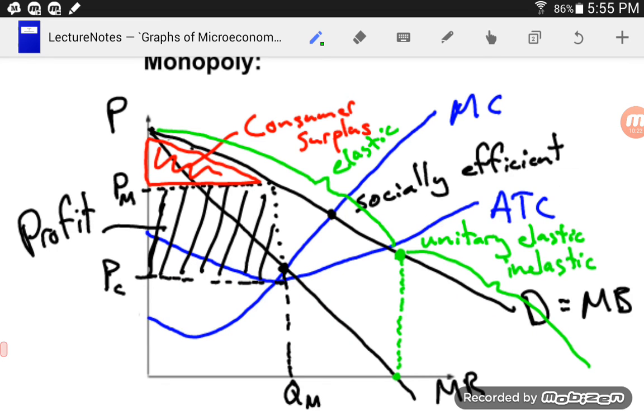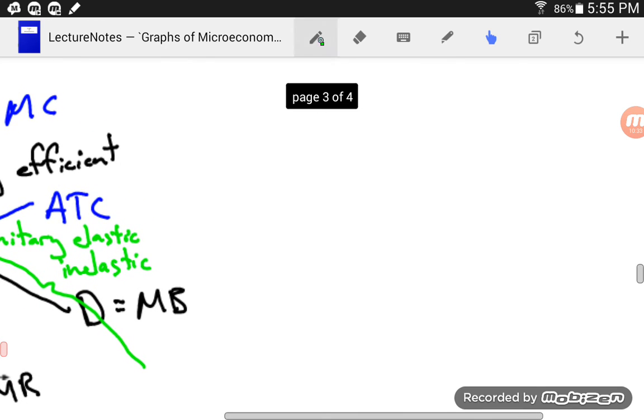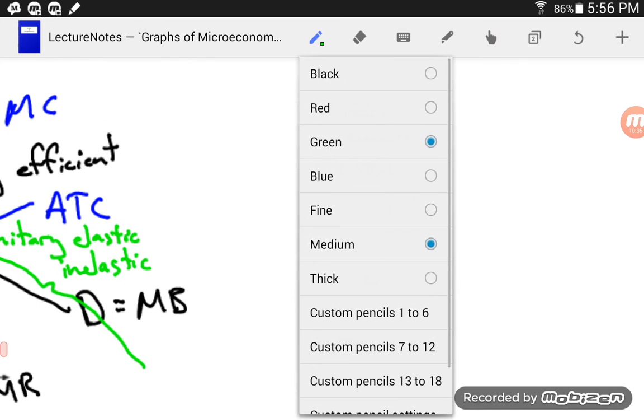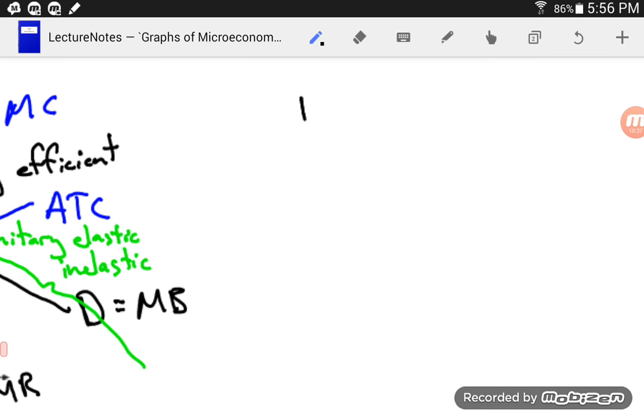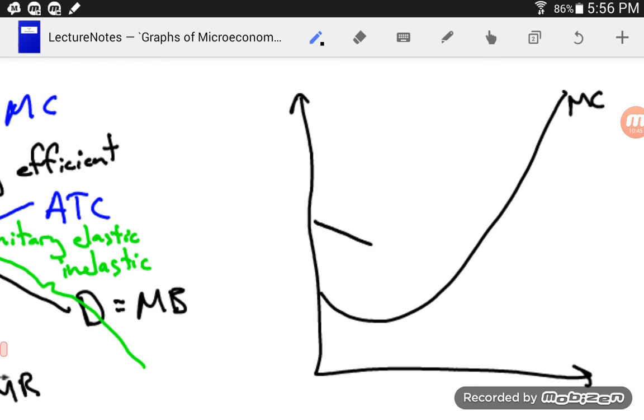There's one other thing that we really should mention when we're talking about a monopoly. And to be honest, I think this graph is too cluttered for me to continue. So I'm going to really quickly, it's good practice anyways, draw another monopoly case. So there's my marginal cost. There's my average total cost. Not perfect. Looks like that point's actually a little lower.